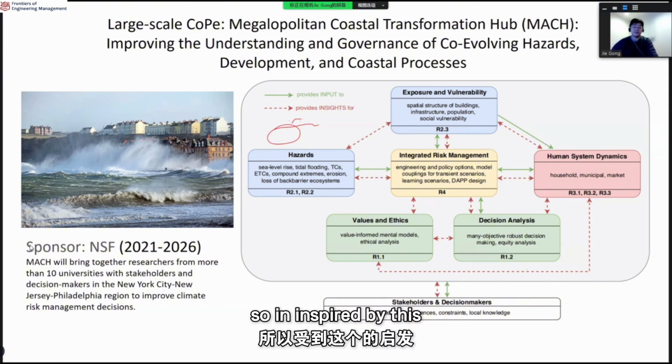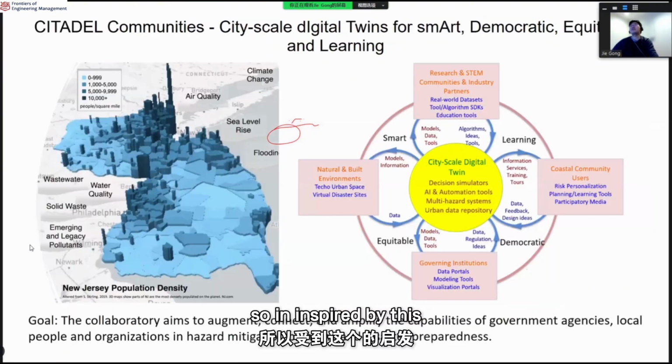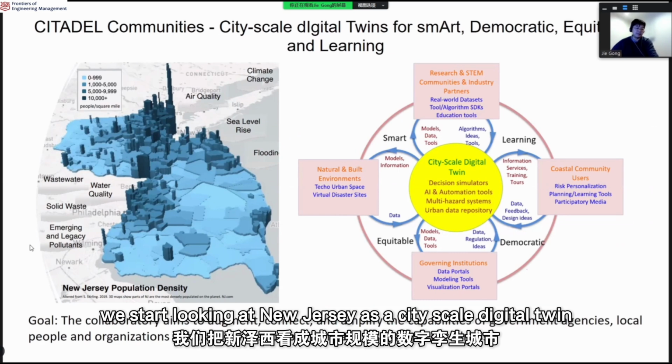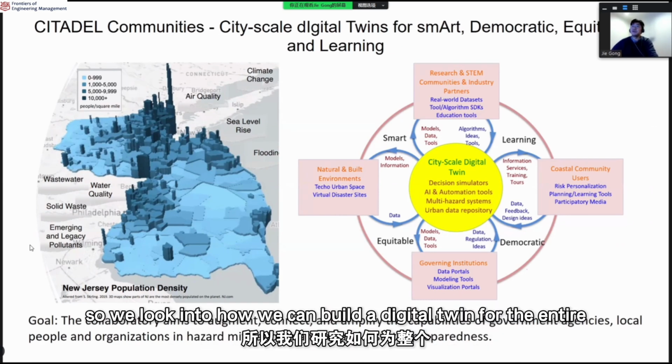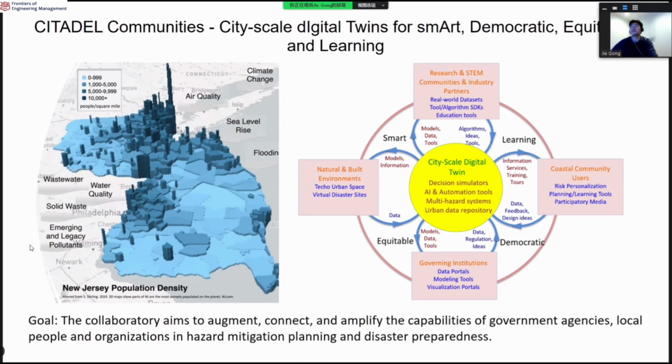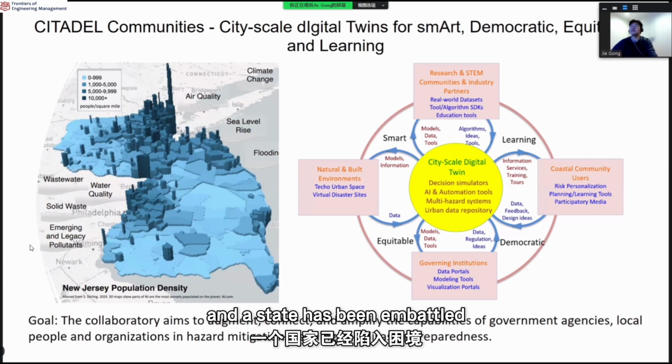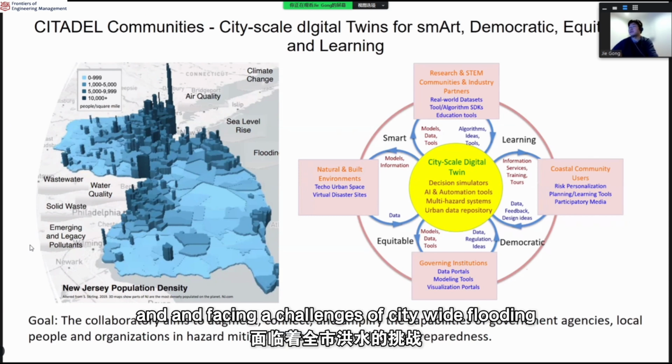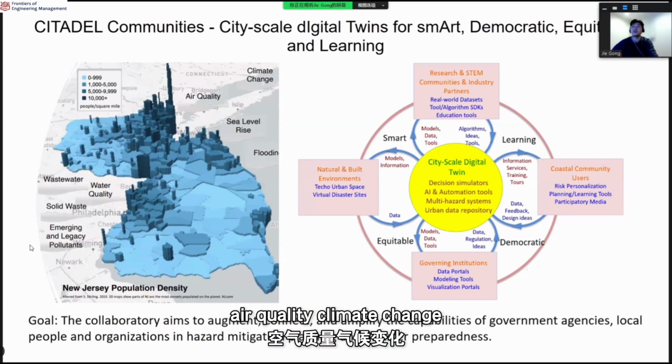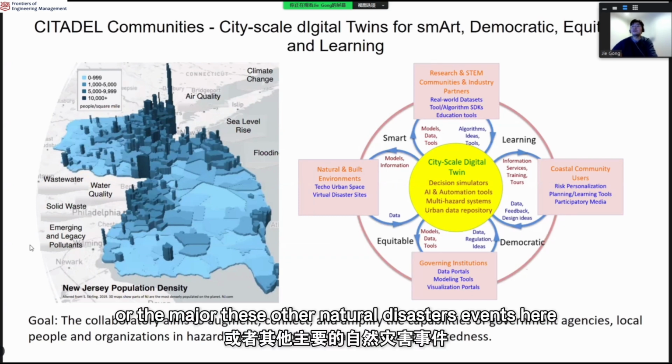So in spite of this, we started looking at New Jersey as a city-scale digital twin. We look into how we can build a digital twin for the entire state. And the state has been embattled and facing challenges of sea level rise, flooding, air quality, climate change, and all the other major natural disaster events here.